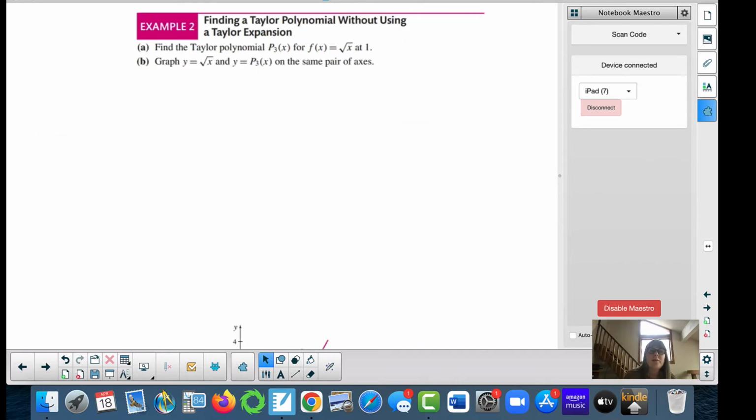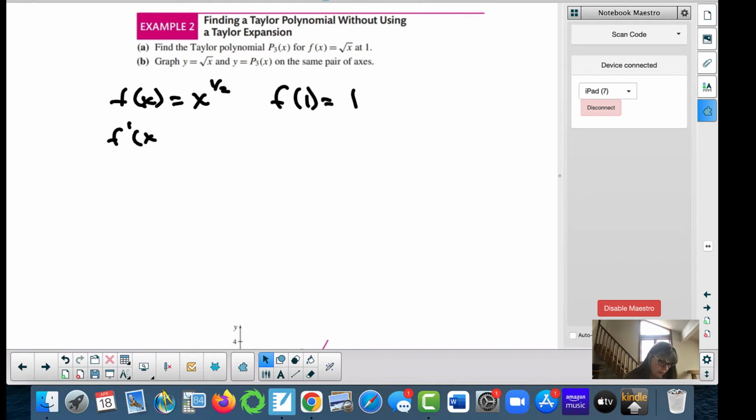So this is going to be using a third degree Taylor polynomial. To do this, we're going to take our f of x, which is the square root of x, or x to the 1/2 power. So f of 1 is equal to 1.